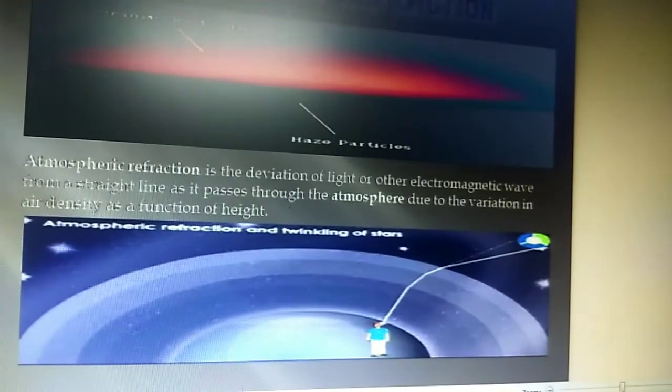Next, planets do not seem to twinkle. This is also due to atmospheric refraction. When the observer is standing on the surface of the earth, why do stars appear to twinkle, whereas planets do not twinkle? Planets are nearer to the earth when compared to the stars.